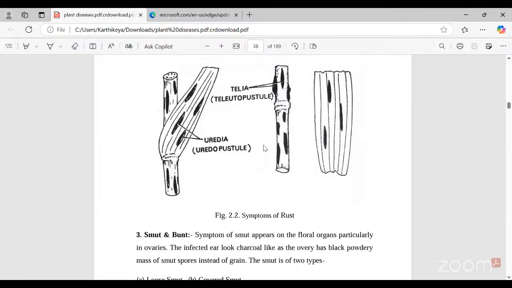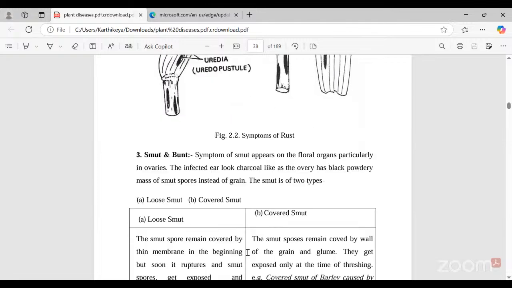These rust diseases are important. Symptoms of smut appear on the floral organs, particularly in the ovaries.